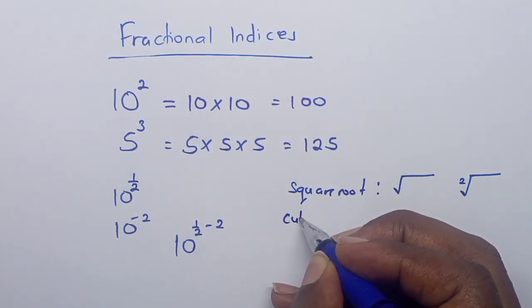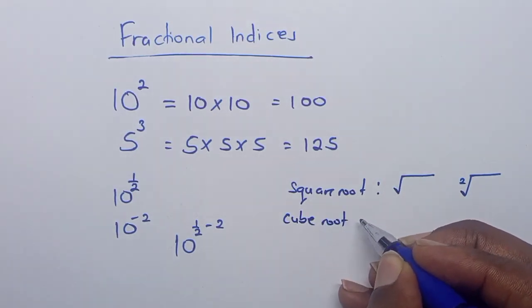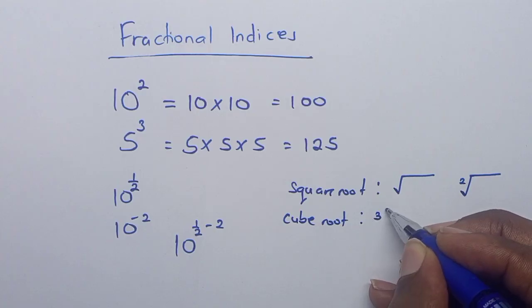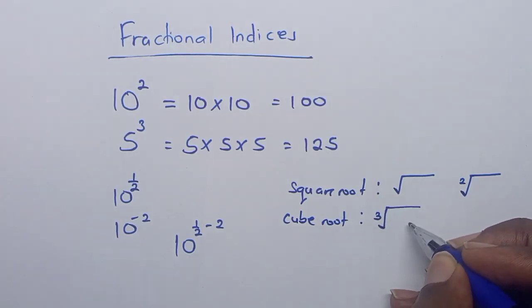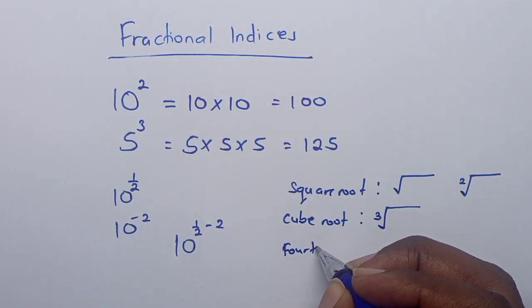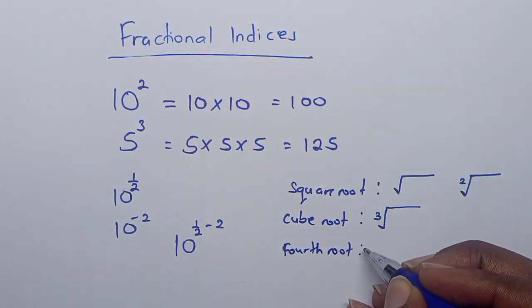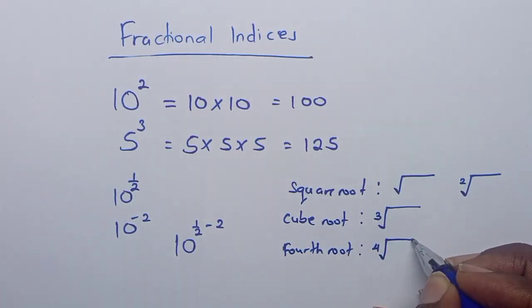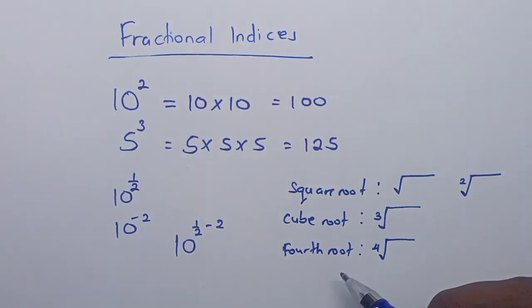Then for cube root, you write it, the 3 comes in front, then the root sign. Then for fourth root, you write the 4 and then the root sign. So the opposite of a power is a root.